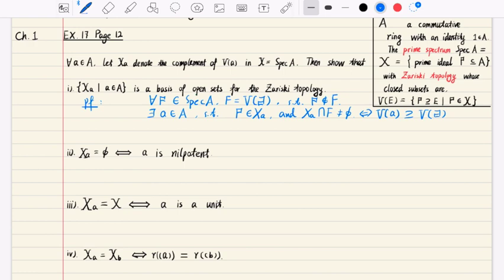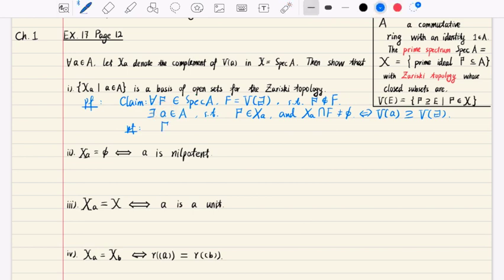Okay, it seems not so direct, but it is in fact very simple because you can focus on this condition. P is not a prime ideal in this closed subset, which means that this is our claim. And if we want to prove the claim, we need to find this small a, this element.